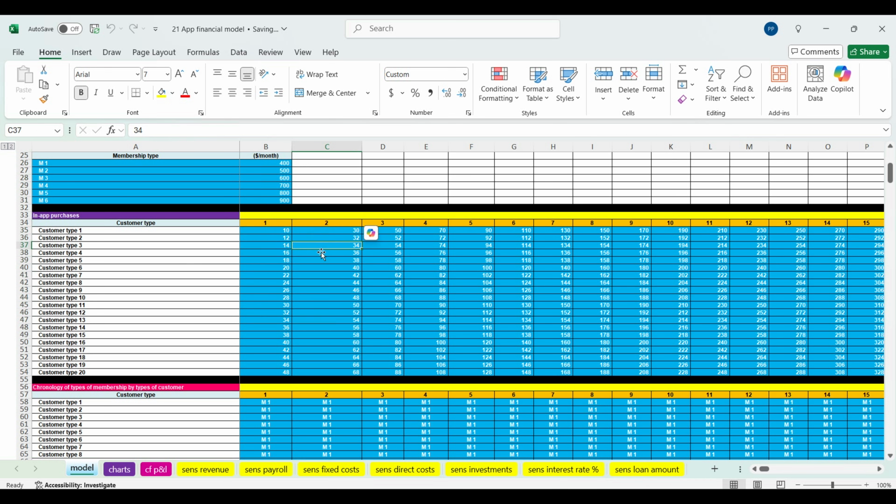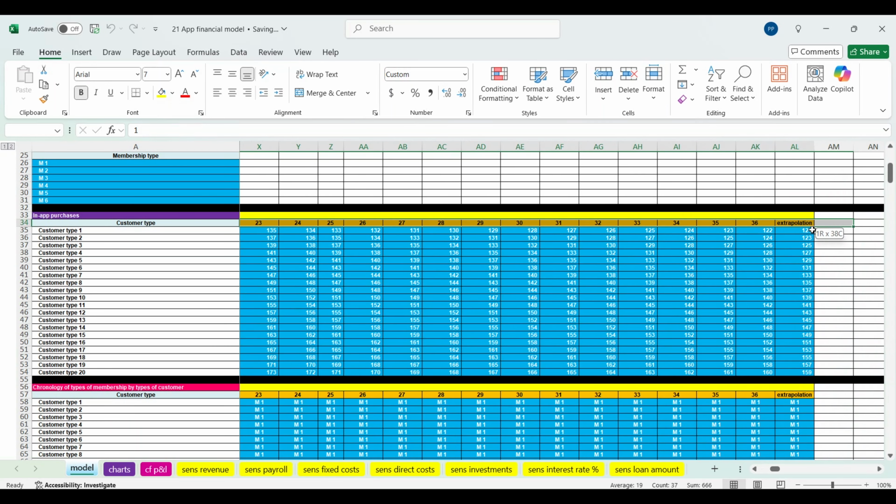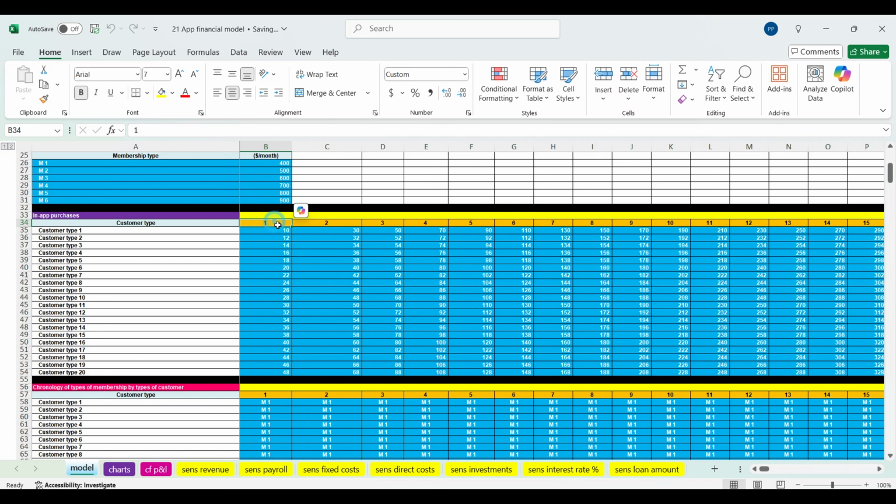We need to specify the amount of in-app purchases during the life cycle of the customer. From left to right, here we have the month of operating activity since we launched the app. So this is the first month of operating activity, second, third, and so on.